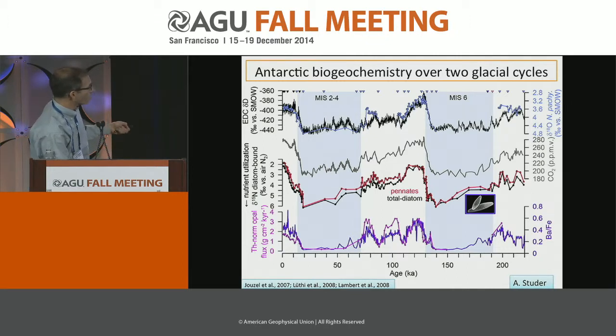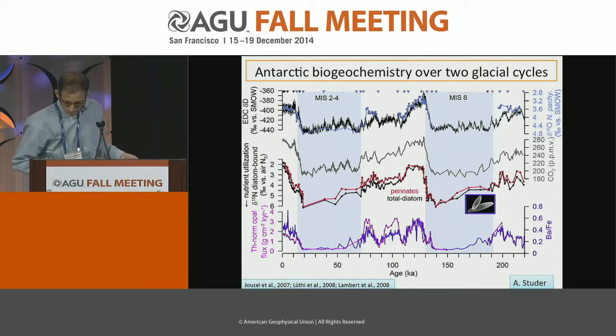So the only way for both of these things to be true, higher degree of nitrate consumption but lower export production, is that there was a reduction of nitrate supply from below, i.e. something like that stratification scenario I showed to you earlier on.